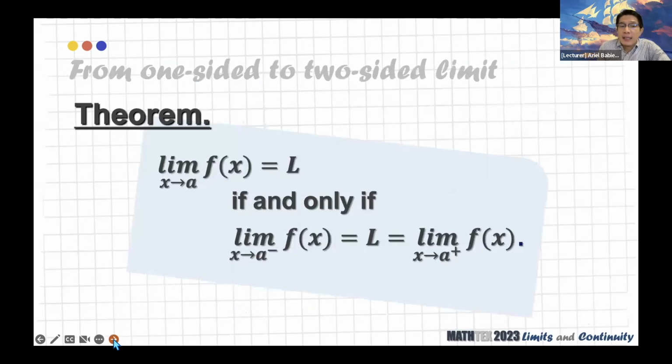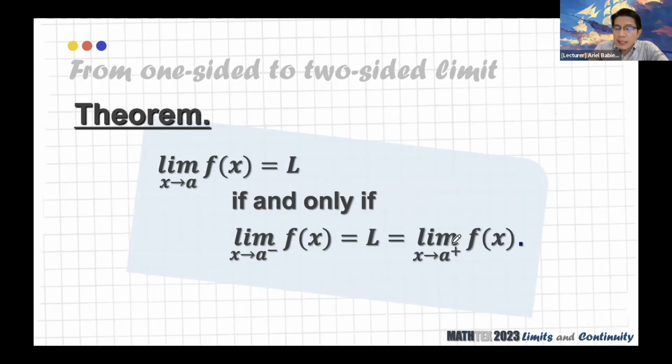Okay. That for us to have a limit of a function, ito pong nauna is the original, the limit of a function as x approaches a is L. This will only be true if and only if. For those who have background in theorems in math, when we say if and only if, these are biconditional statements, meaning this will only hold if and only if this is satisfied.